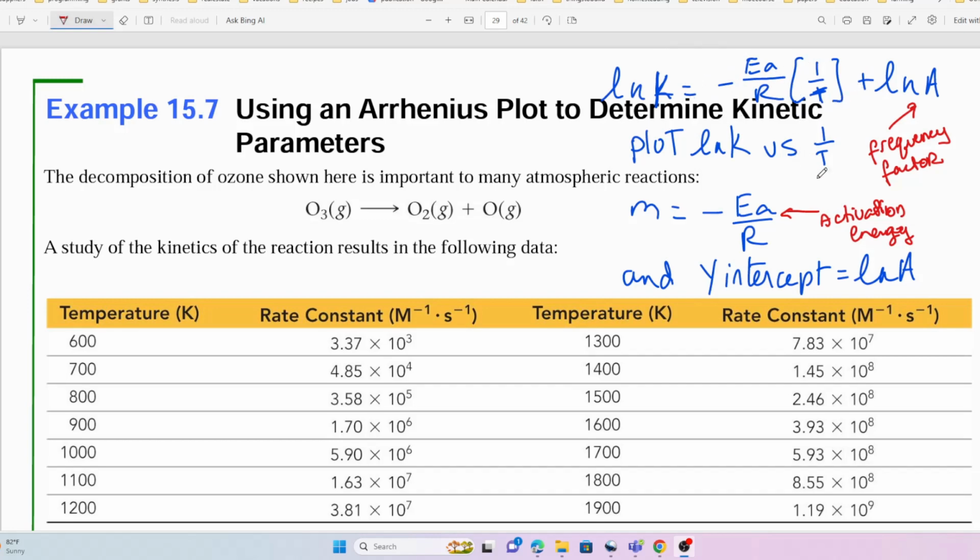So for this equation, we're going to plot ln of k versus 1 over T. And we can get the frequency factor, ln of A, from the y-intercept. And we can get our activation energy, E sub A, from the slope, because the slope is equal to negative EA over R.